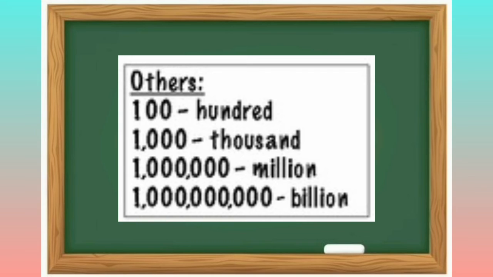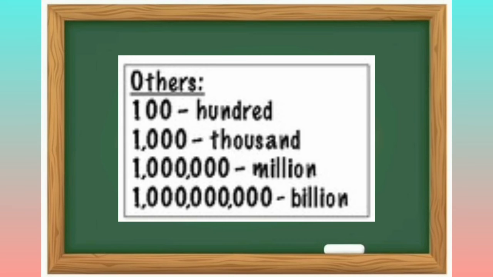You have to pay attention to the zeros, like 100 has 2 zeros, and then 1,000 has 3, and 10,000 has 4, and 100,000 has 5. The last is 1 million, which has 6.